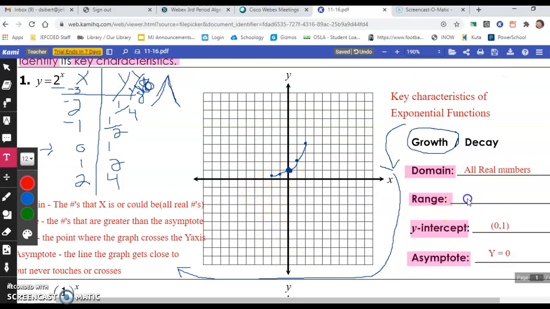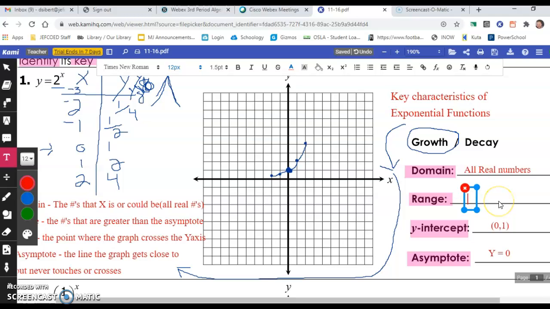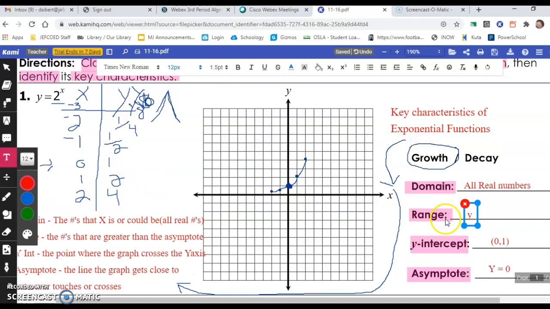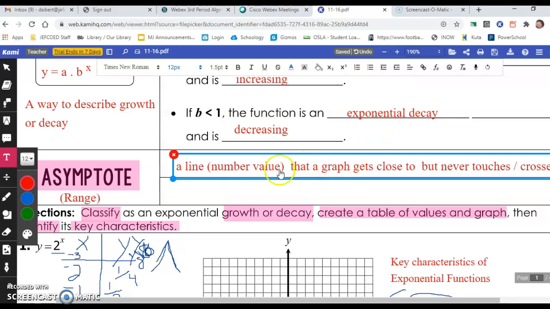Now, my range, we said it is based off of what my asymptote is. What can you say about your numbers? If you're looking here, all the numbers that we graph, what can you say about them? They're all low numbers. What else? They're all multiplied by 2. But the numbers on the graph, they are all larger than, if we go back to our notes, my asymptote.